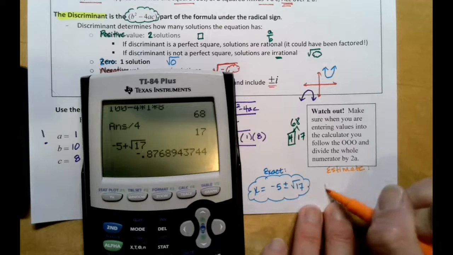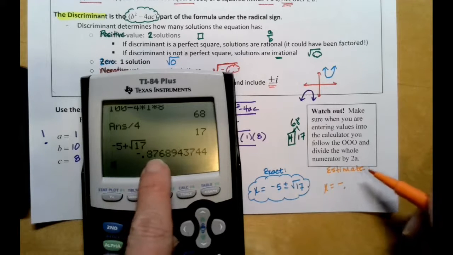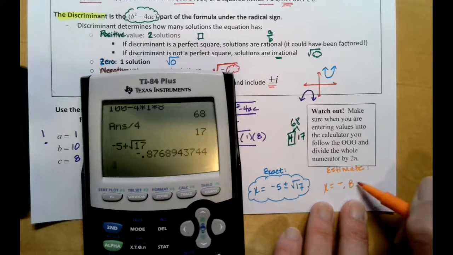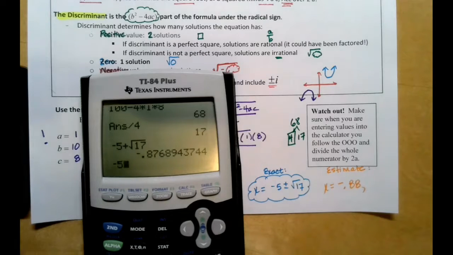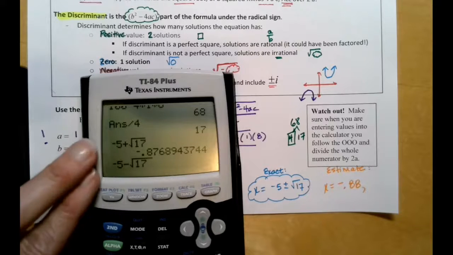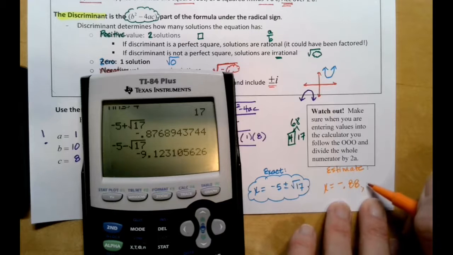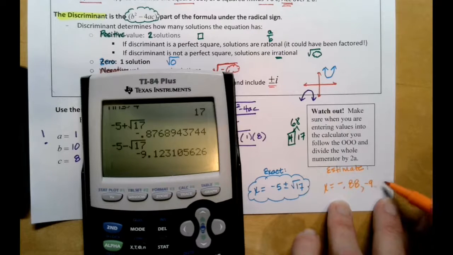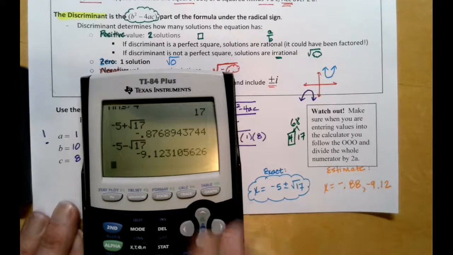So that's going to be x is equal to negative point, and we'll go ahead and round to the nearest hundredth, 88, and then negative 5 minus the square root of 17. Keep in mind there's two values there. And my answer here is going to be negative 9.12. Estimated to the nearest hundredth, exact answer.